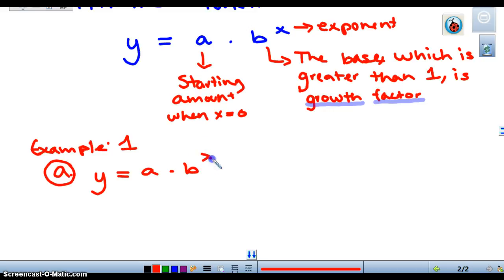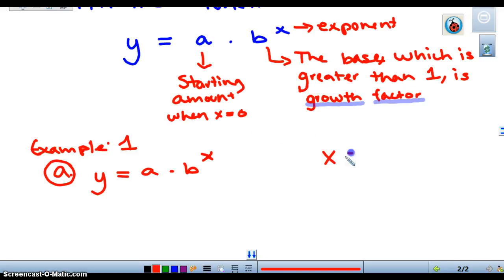We know that a is what? The starting amount when x is 0, right? What is b? The growth factor, the base. It's the base, which will be greater than 1. It's a growth factor because we know from what we read that it has increased, therefore it's a growth.